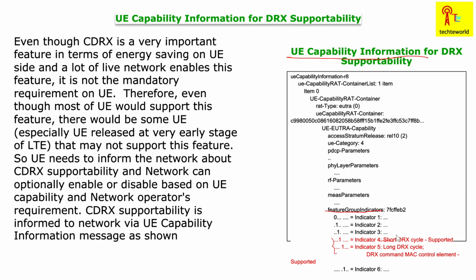There can be a situation that the UE supports only short DRX cycle, or only long DRX cycle. This information will also be transmitted here itself. Hope this point is clear, that the UE sends its supportability about DRX in a message called UE capability information towards the network through the eNode B.